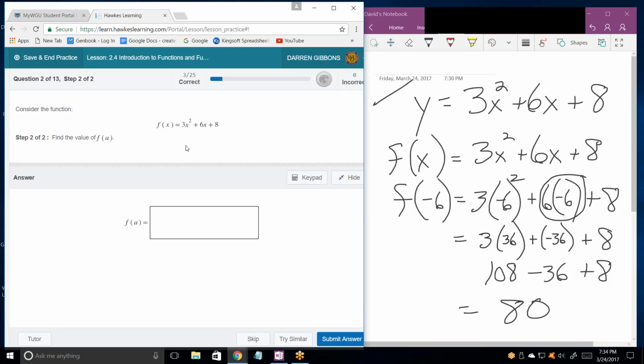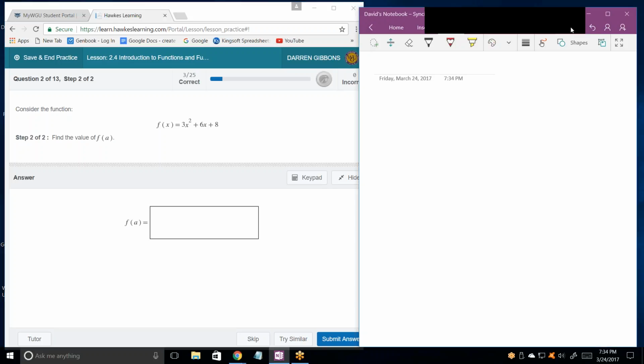Find the value of f of a. So I still have my f of x equals 3x squared plus 6x plus 8. What does f of a equal?